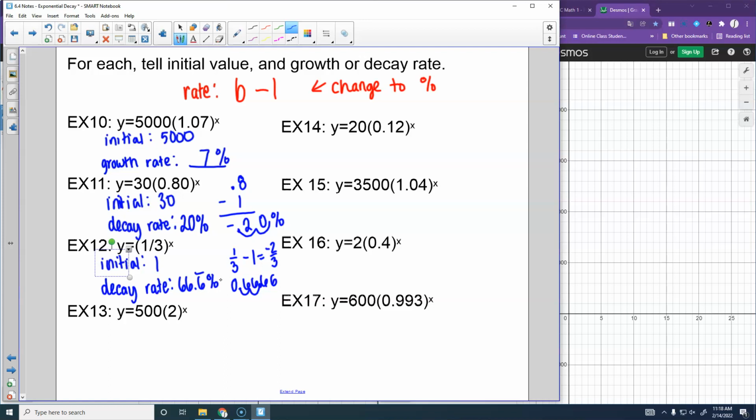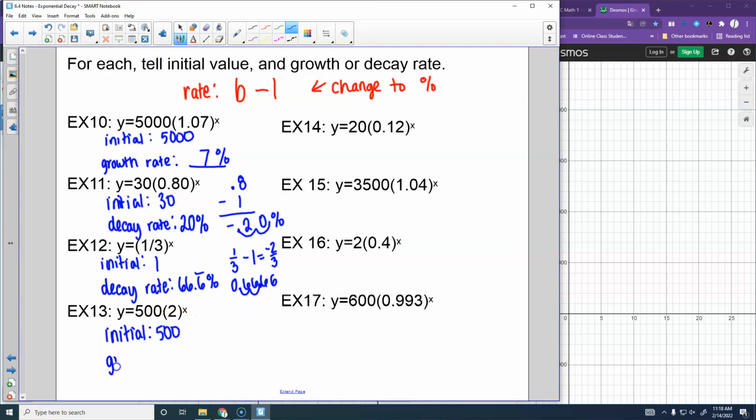All right. Let's see. Caroline, for example 13, what is our initial value? Very good. And are we going to have growth or decay for this one, Caroline? Nope. It's growth because 2 is bigger than 1, right?